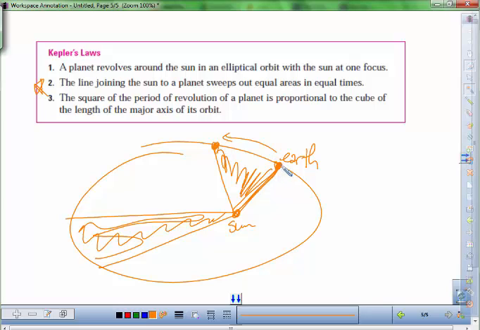So around the fall time, from September to November, the area that the Earth swept out from the sun would be exactly the same as it is from, let's say, February to April.